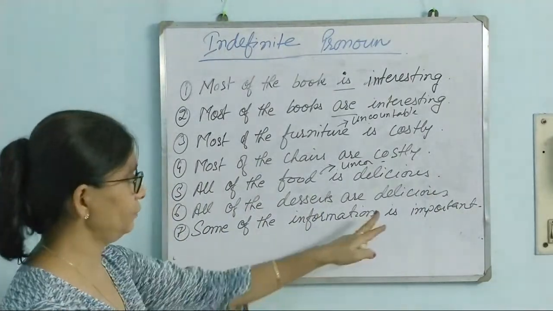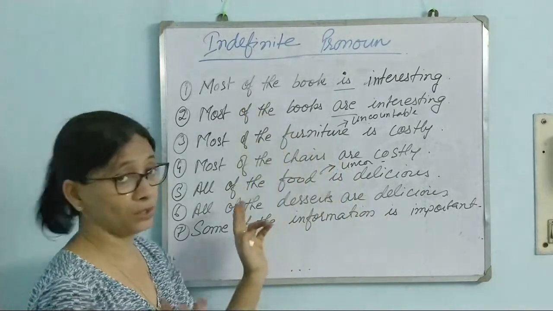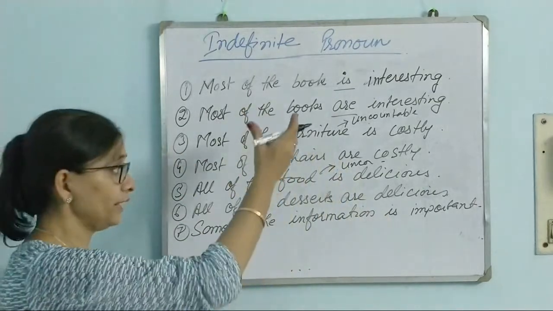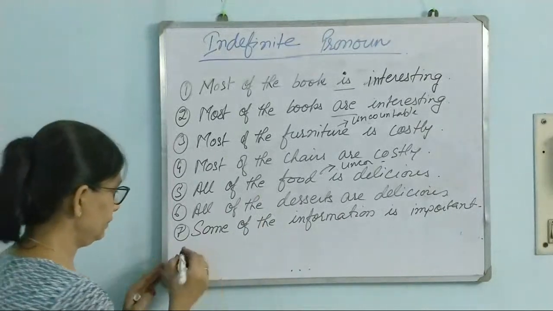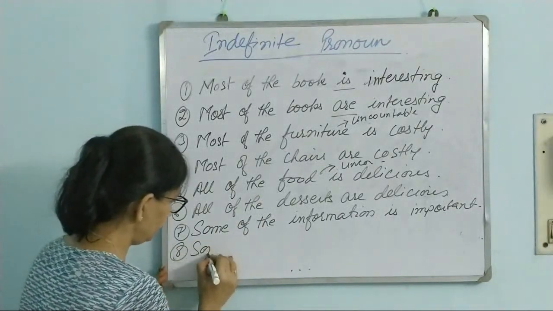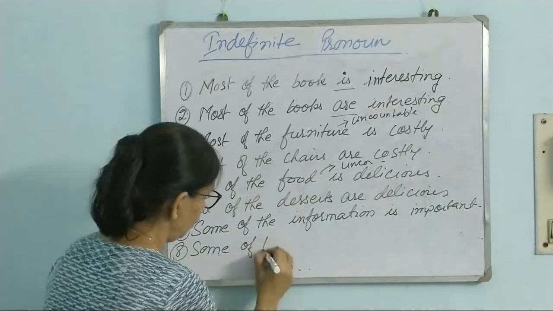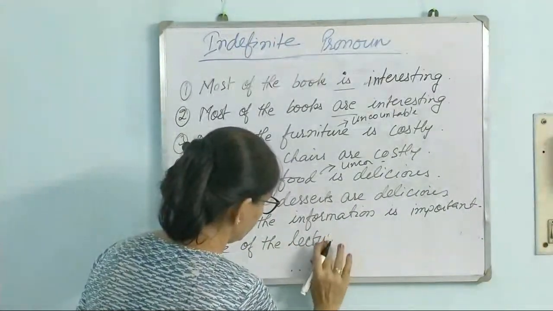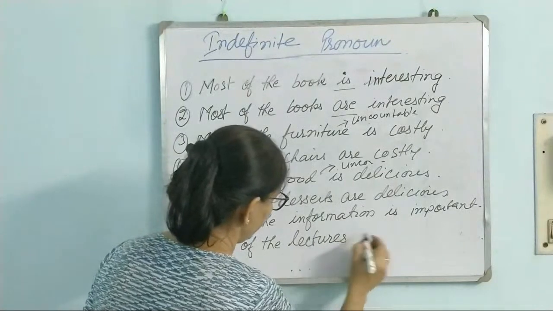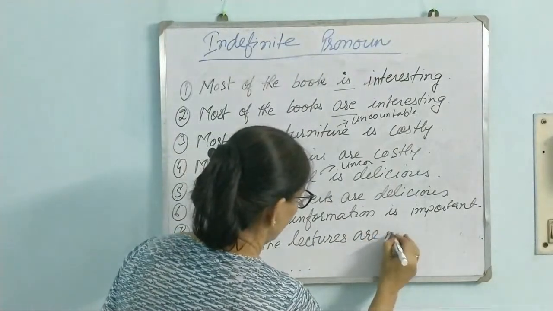So we see the use of singular and plural of these pronoun depends on what kind of noun is used, whether it is countable or uncountable. Then here, some of the lectures we can count are important.